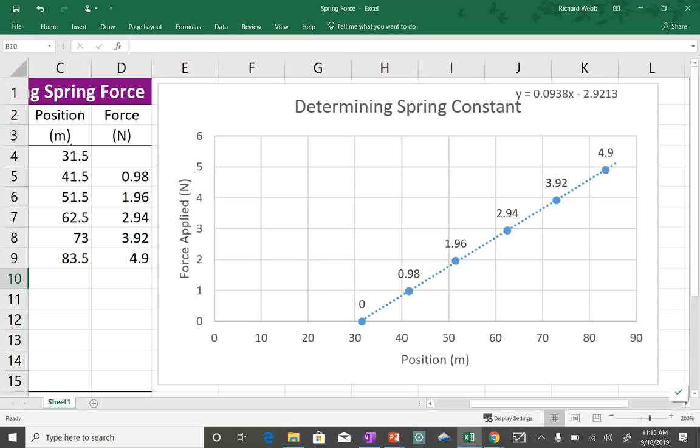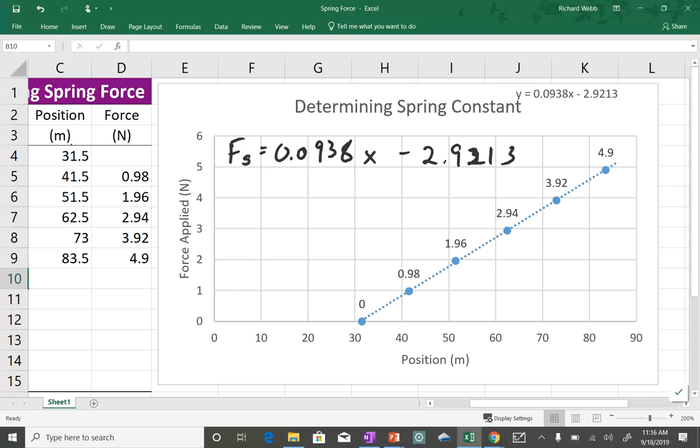Force. Okay, so that was the spring force. So I have the force of the spring equals 0.0938. And then on the horizontal axis, it was position. So I'll just put x minus 2.9213. So there's the fit to the straight line.